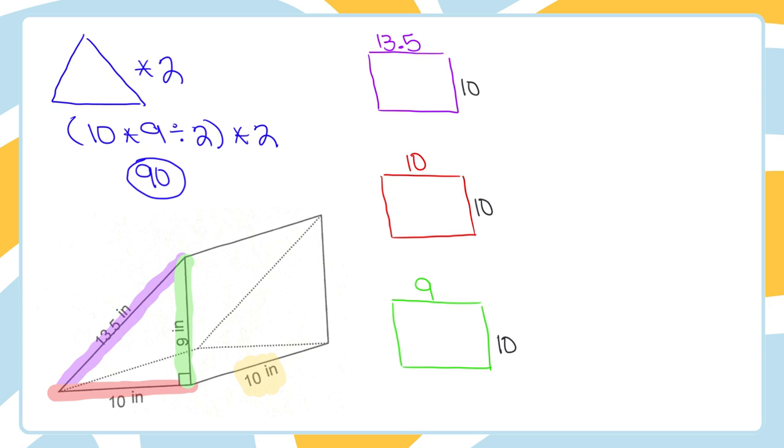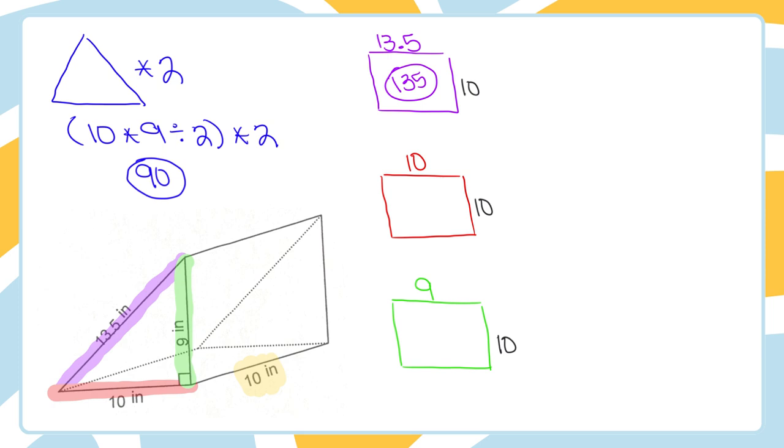All right, I've got everything labeled. Now I need to find the area of all 3 of my rectangles. 13.5 by 10. What would the area be? Aaron? 135. 10 by 10.